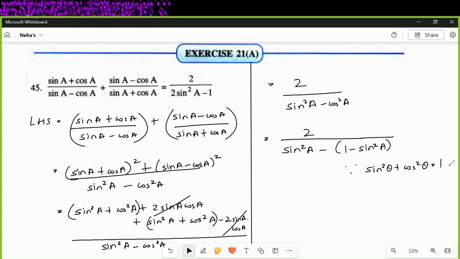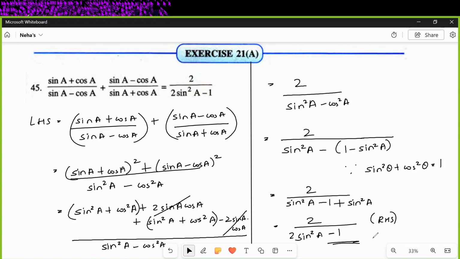Therefore, 1 minus sin square theta is equal to cos square theta. Now this can be written as 2 divided by sin square a minus 1 plus sin square a, which can be further written as 2 sin square a minus 1, which is equal to RHS, and hence we have proved that the left hand side is equal to the right hand side.